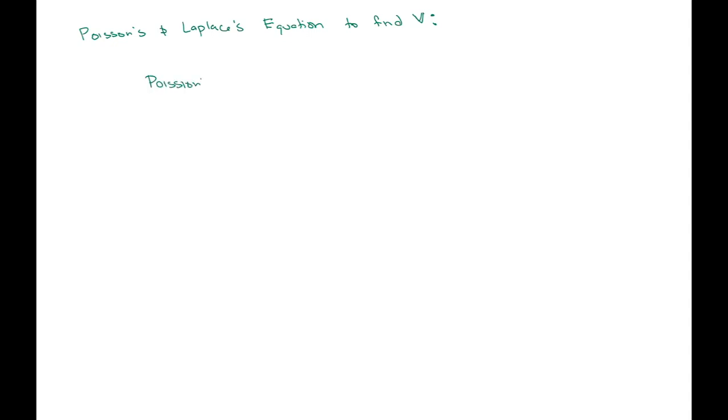Poisson's equation tells us that what's called the Laplacian, if you guys remember this guy, named after a mathematician, the Laplacian of the potential V is equal to the negative of the volume charge density divided by epsilon naught.